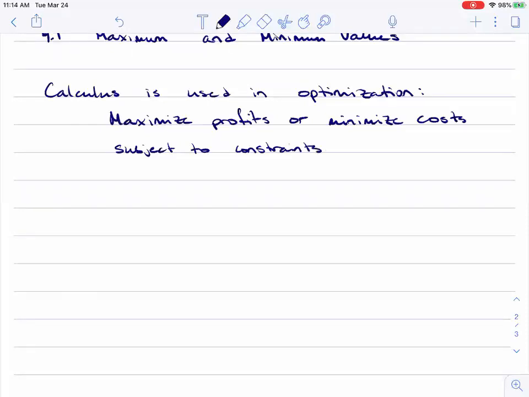So imagine you're running a factory and you've got so many man hours and so many machines and so much material, so many hours in a day even, right? We're limited. So those would be our constraints, but you still want to maximize your profits, right?